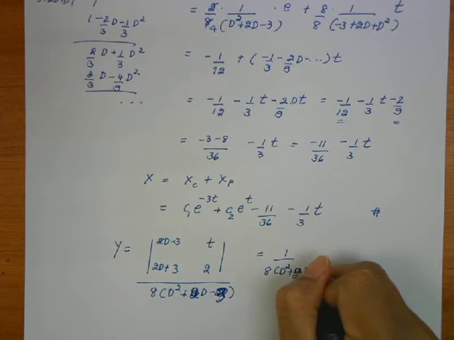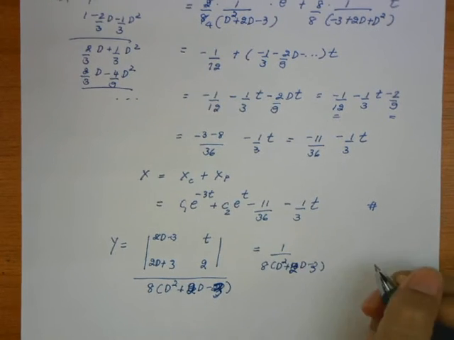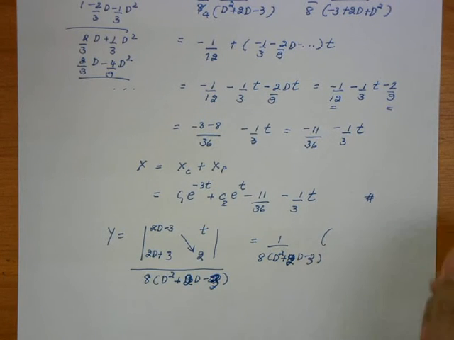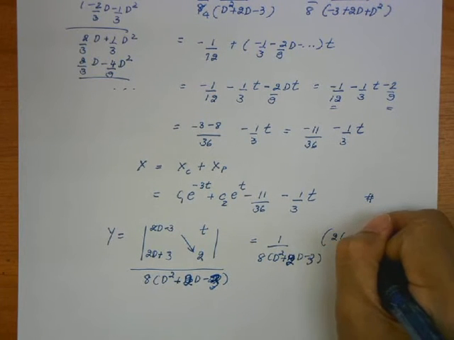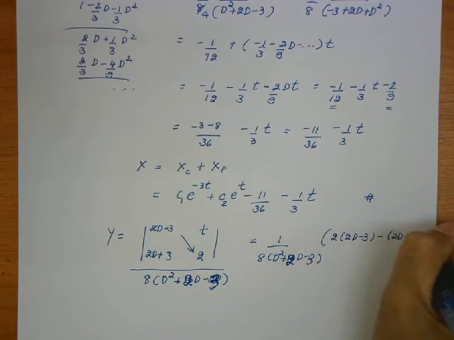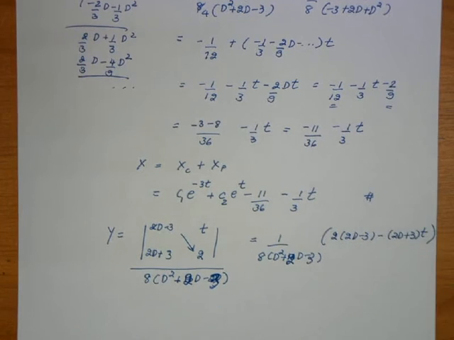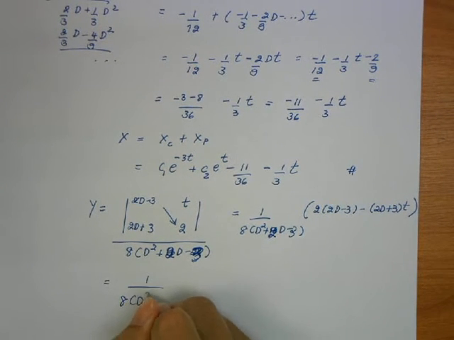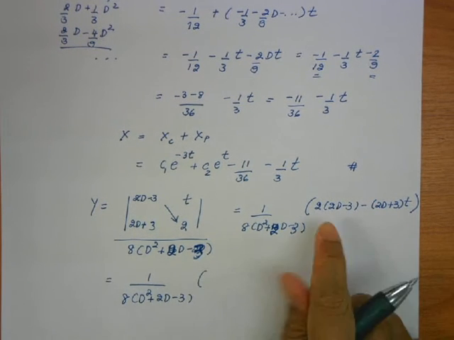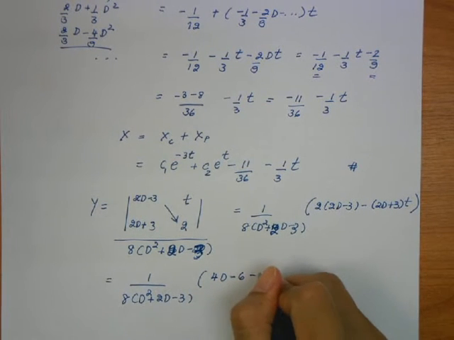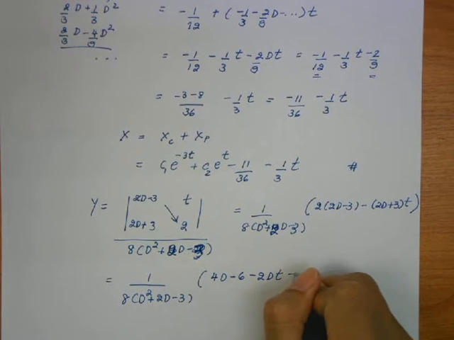Then the determinant of this term we would get 2 times 2D minus 3 minus 2D plus 3 times t. 1 over 8D squared plus 2D minus 3, 4D minus 6 minus 2Dt minus 3t.